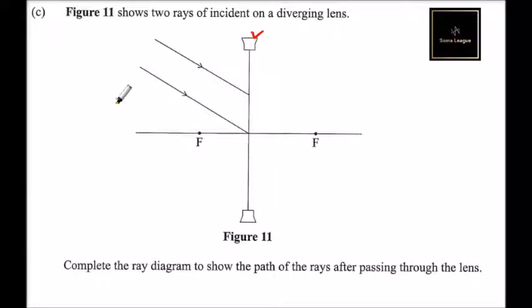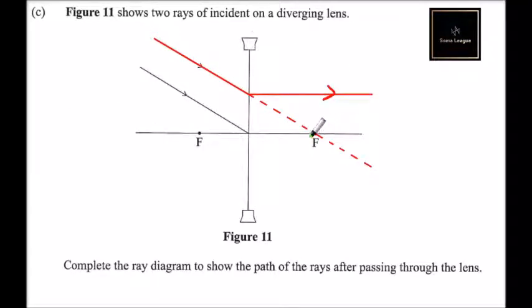This ray, if extended, will pass through the focal point. It will appear like passing through the focal point, and it will be refracted through the lens parallel to the principal axis. Now that will be the direction of the ray after it is refracted.